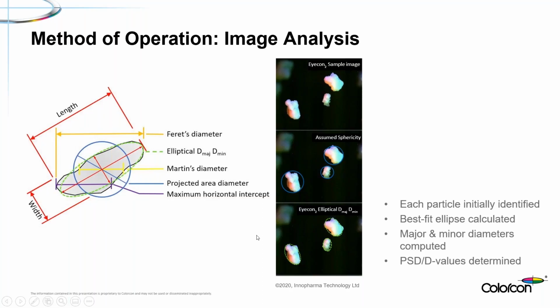And this elliptical fit just helps us be a little bit more representative of the true volume of these particles, because it all ultimately boils down to volume, as I'll show in a moment, as well as allowing us a basic understanding of the shape information of these particles also.